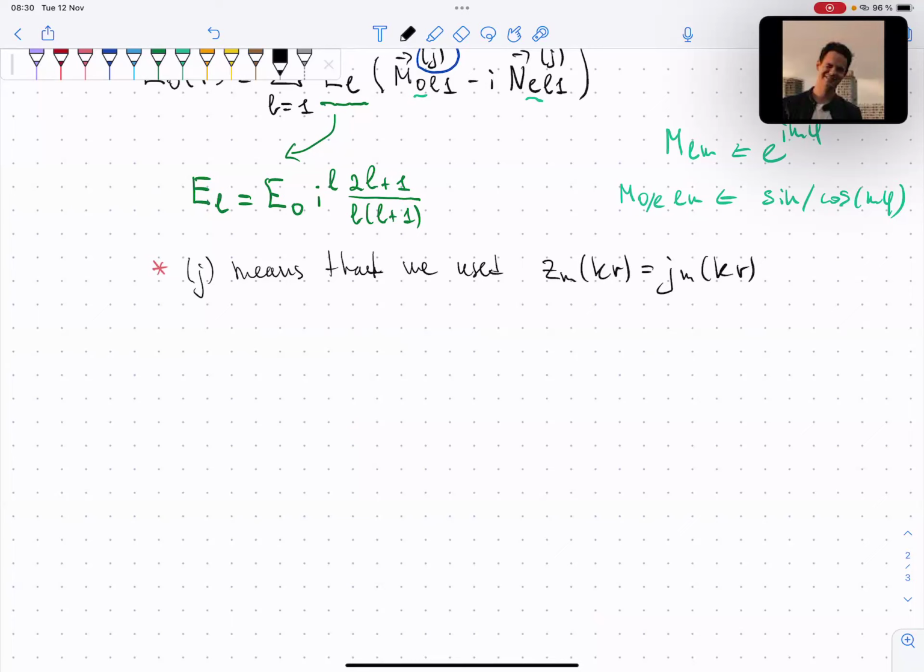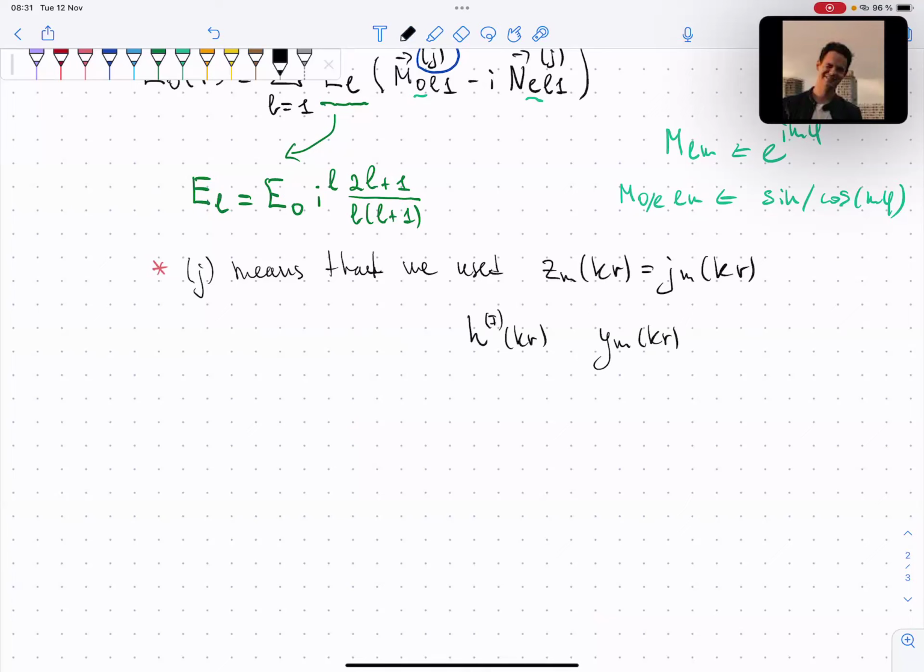I have a question for you: why haven't we used, for example, the Hankel function or the Neumann function? Why did we use exactly the Bessel function here?